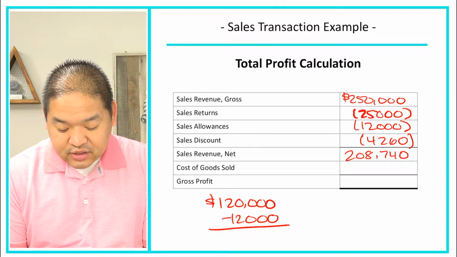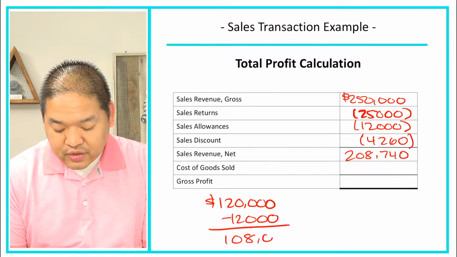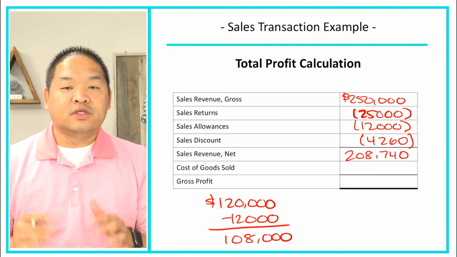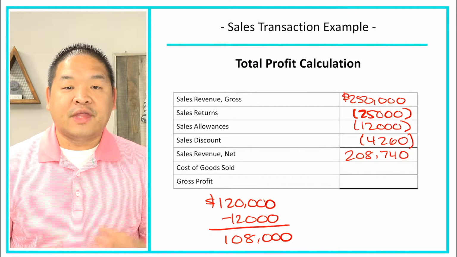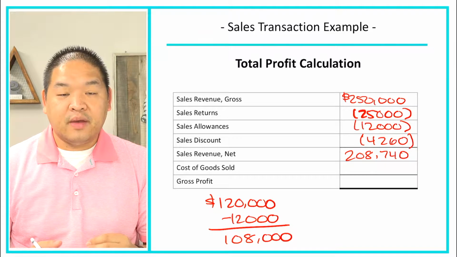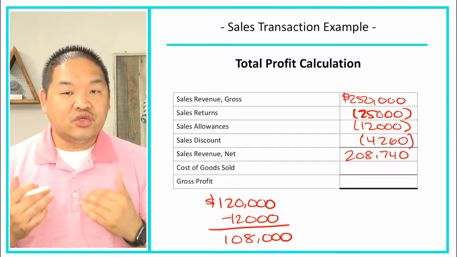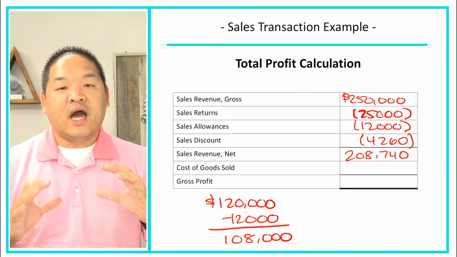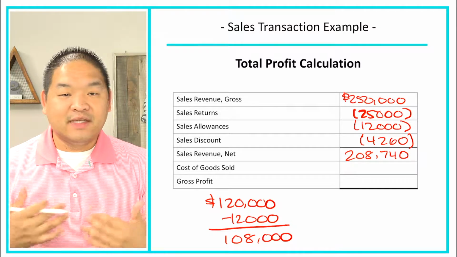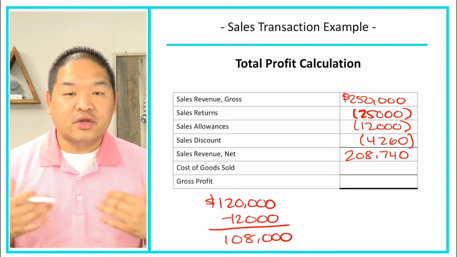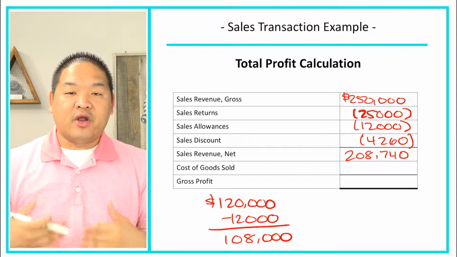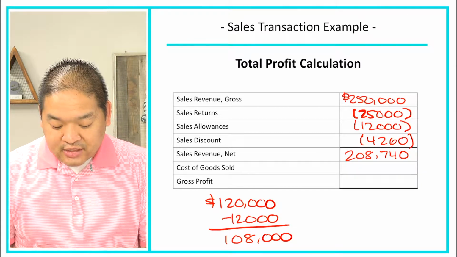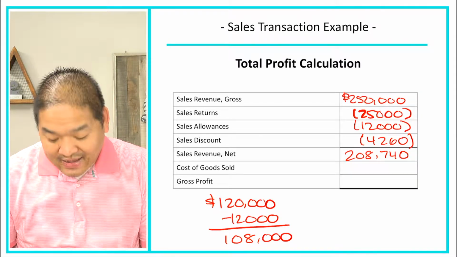So our net cost of goods sold is going to be $108,000. So biggest mistake students will make here is they forgot that the customer returned that inventory to them, and as such doesn't take into account that cost of goods sold is now being lowered because we didn't really sell it, which means we didn't really incur the expense since we have the goods back in our possession. So cost of goods sold goes down to $108,000.